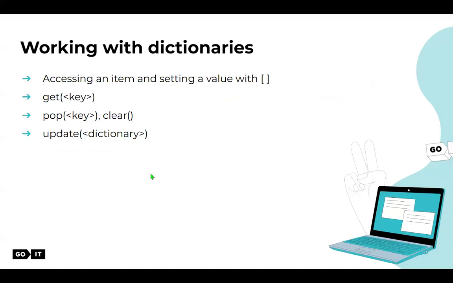So these are your operators when working with dictionaries. You have your brackets, get, pop, clear, and update. Again, the Google Notebook will have examples of this that we will go over a little later.